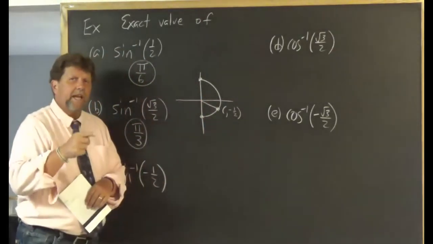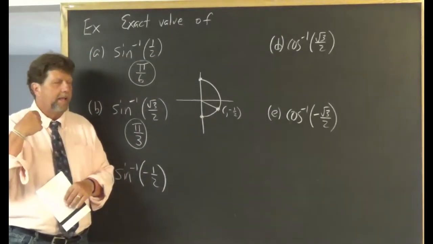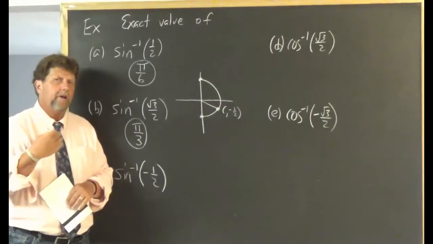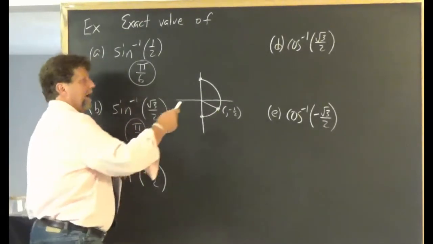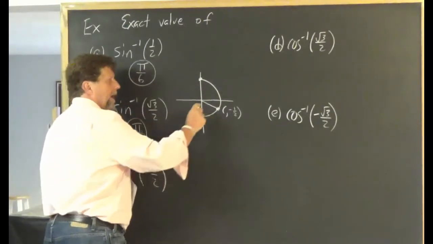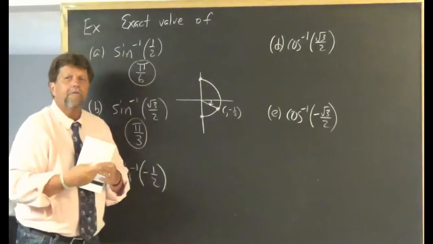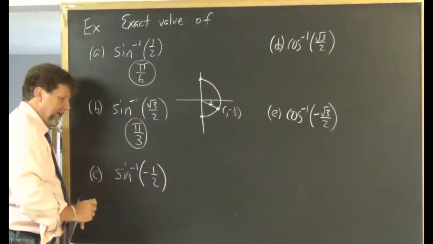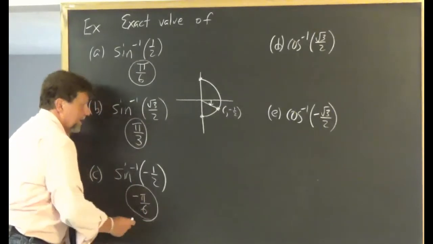A common mistake people make is to say that this is 11 pi over 6, and that's not correct. 11 pi over 6 is not in the interval negative pi over 2 to pi over 2. But I know why people say 11 pi over 6, because that's this angle measure. That's not right. We are giving this angle measure so that we are in the interval negative pi over 2 to pi over 2. So that means inverse sine of negative 1/2 is negative pi over 6.